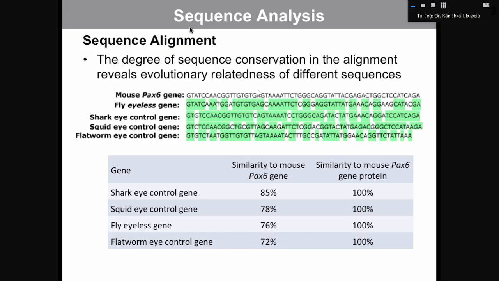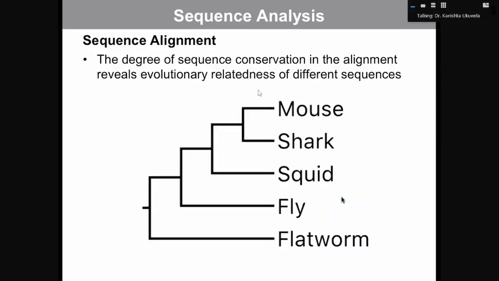Why? Because the third position is the most likely position to have changed, resulting in differences in the nucleotides. But accumulating changes in the third codon position in the DNA sequences does not affect the amino acid sequence. So that is why the amino acid sequences are 100% identical, but not the DNA sequences.